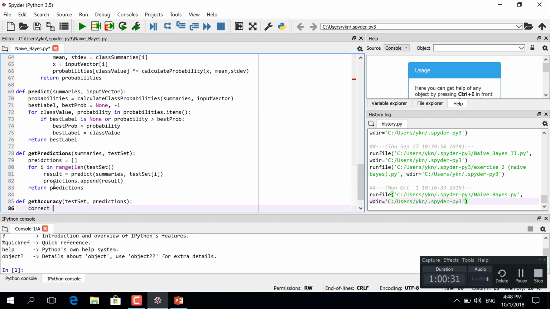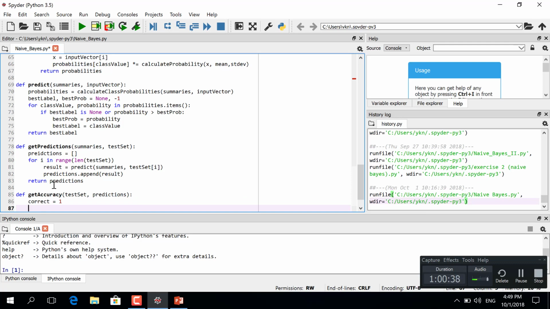Here we have correct, which is calculated, and it is equal to 1. Same, we can copy here for i.